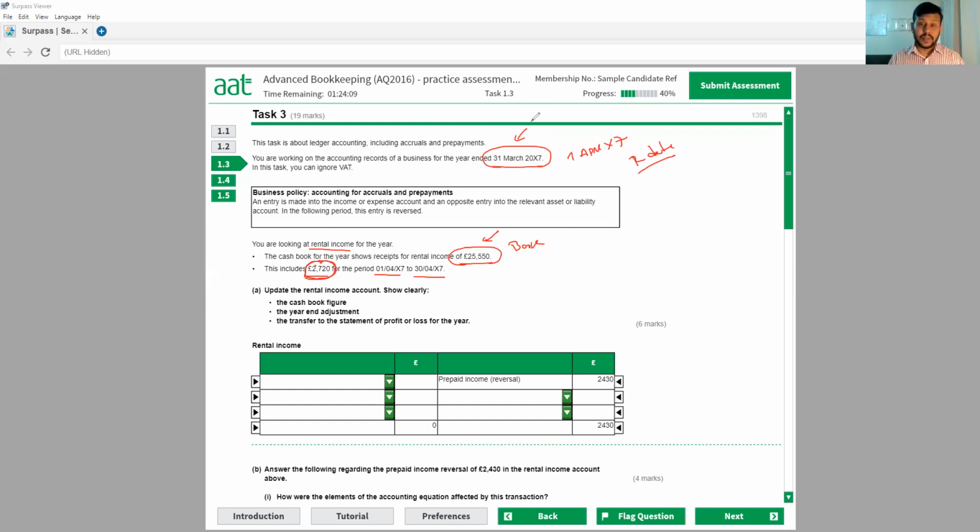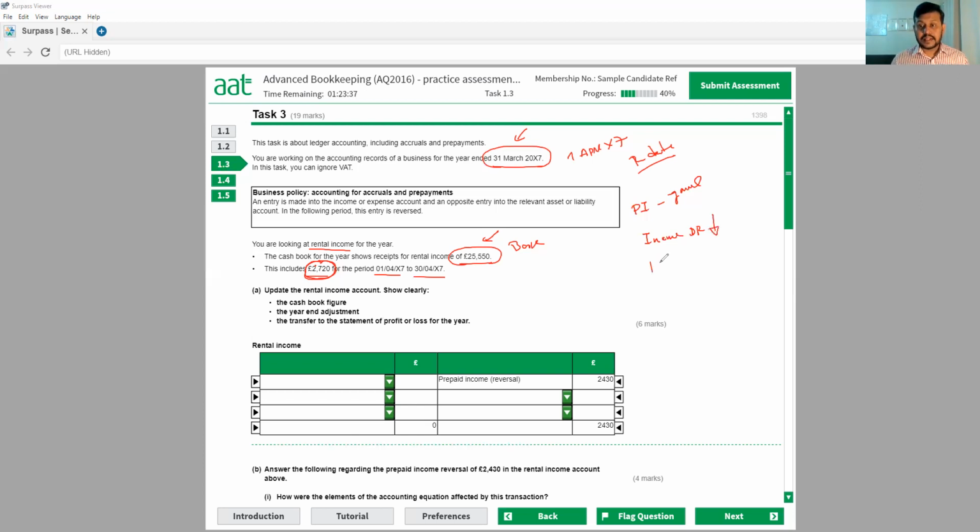The journal for the prepaid income: the income account is a debit, because it will reduce your income. Normal income is a credit, but as it is prepaid income, I have to reduce my income because this income does not belong to this year, it belongs to next year. That's the reason I make the income account debit.